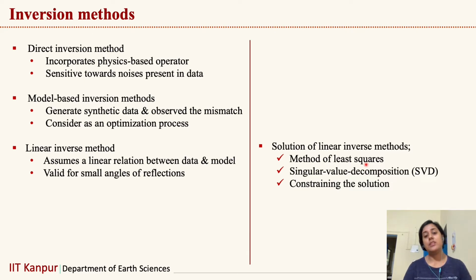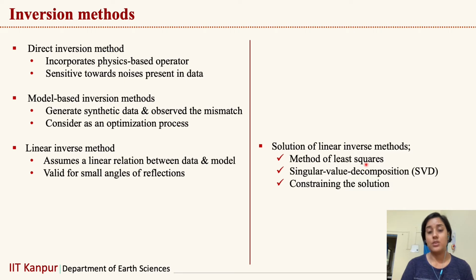So for constraining the solution, what we are trying to achieve is this: as we know, every geophysical inverse problem is non-unique because of the uncertainty associated, for example, the noise effect, and then we are not completely aware about the source wavelet nature.